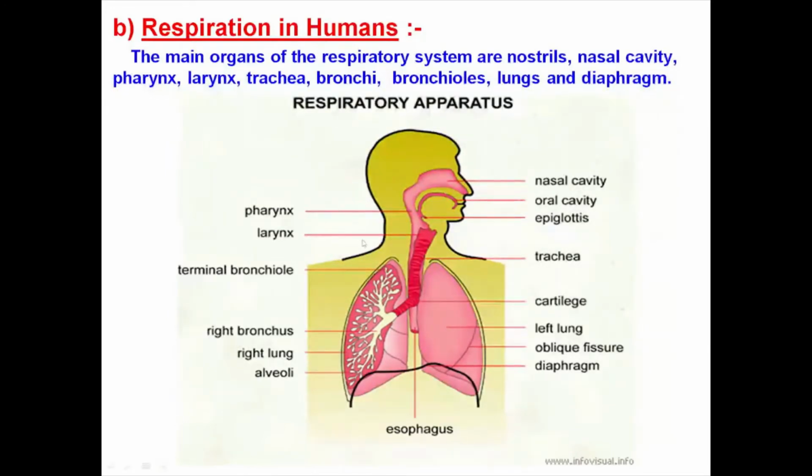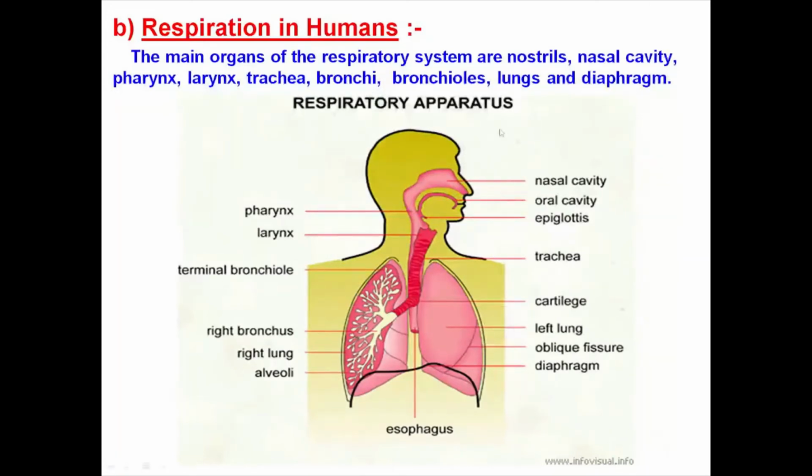Then the larynx leads to trachea, which has rings of cartilage around it, so that it does not collapse when there is no air passage. Then comes the bronchi, which divides the trachea into two parts.